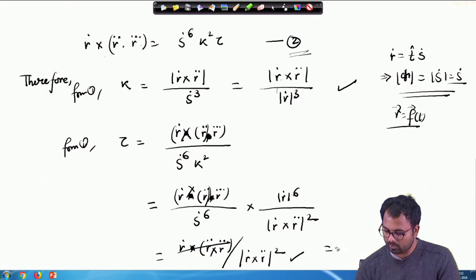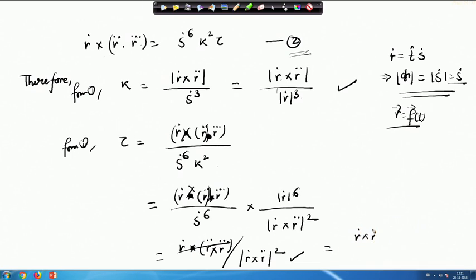So, ultimately this formula is r dot cross r double dot, dot r triple dot. There was a slight modification in the calculation of tau, which we have to keep in mind.